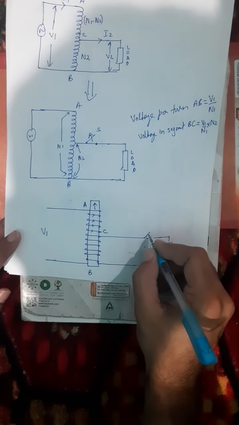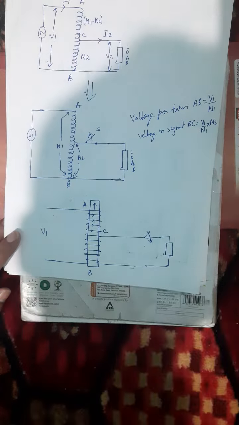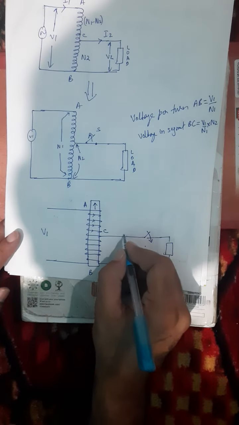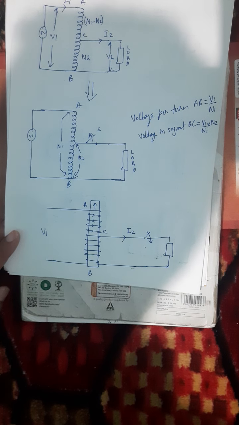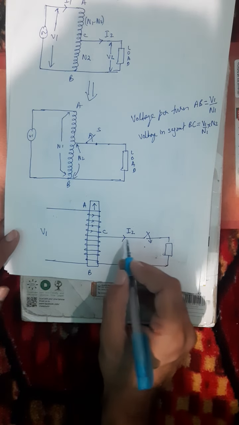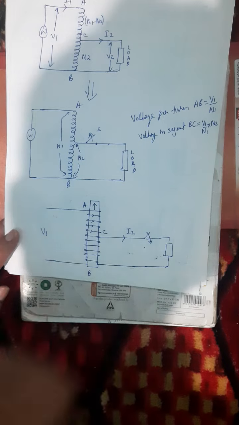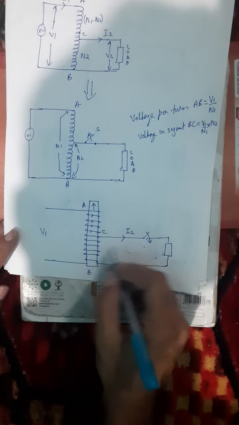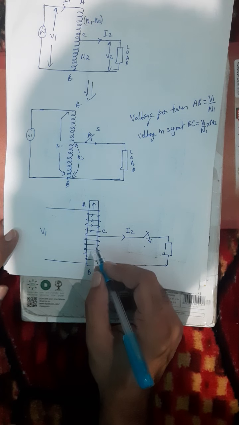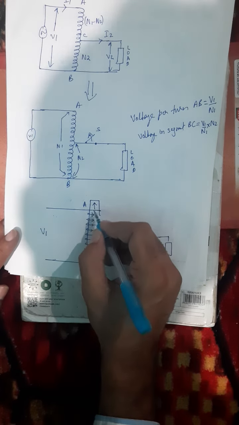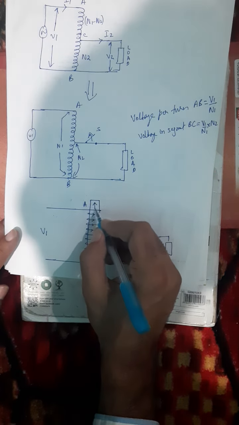When this switch S is closed, a current I2 flows in the winding BC. The direction of the current in the winding BC should be such that it produces a flux which opposes the initial main flux.